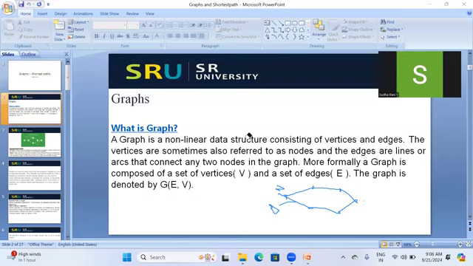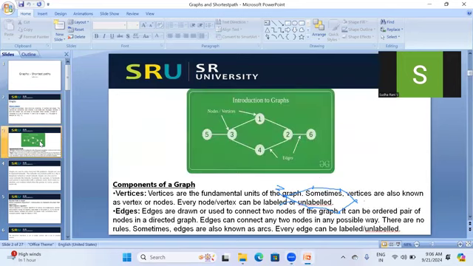So a graph consists of the nodes or vertices and the edges. Here, this is the complete picture of a graph, where the graph has nodes from 1 to 6, and it has the edges.